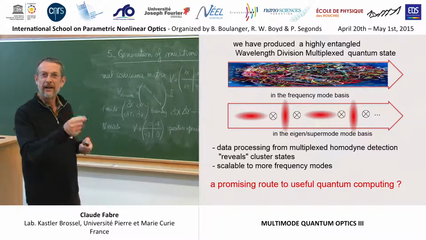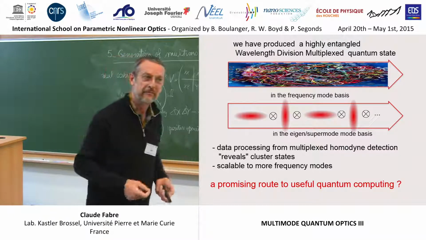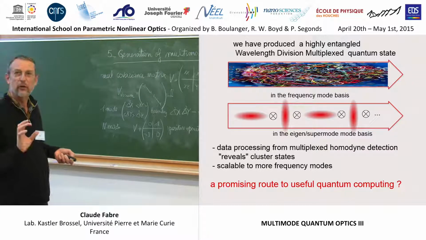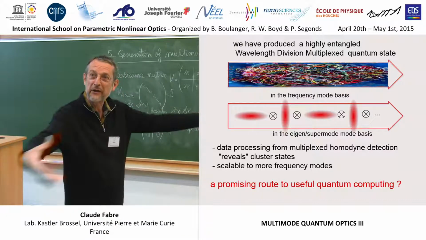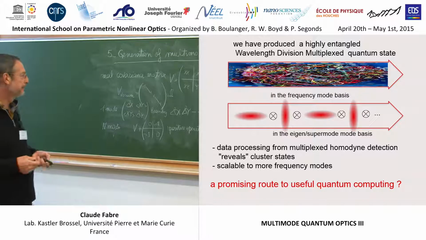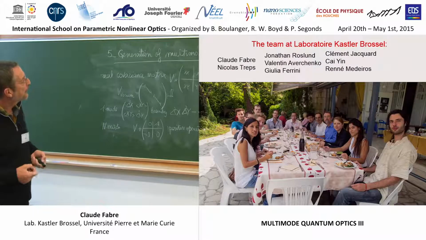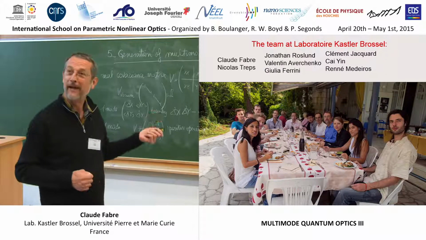Each one has no information about the secret, but several together do, okay? Something which has already been done, but we expect to be able to share the secret among more people using this. Okay, I stop here, just showing the team in full action.